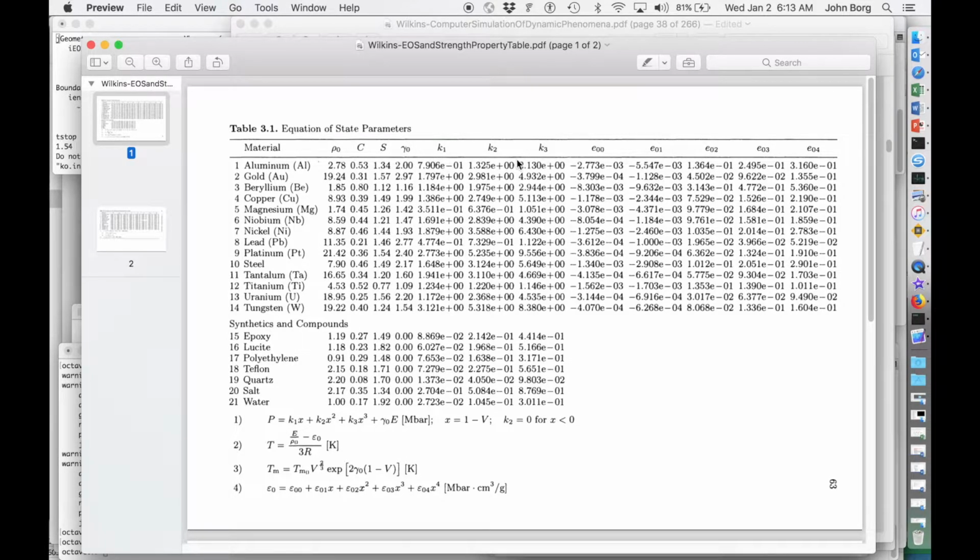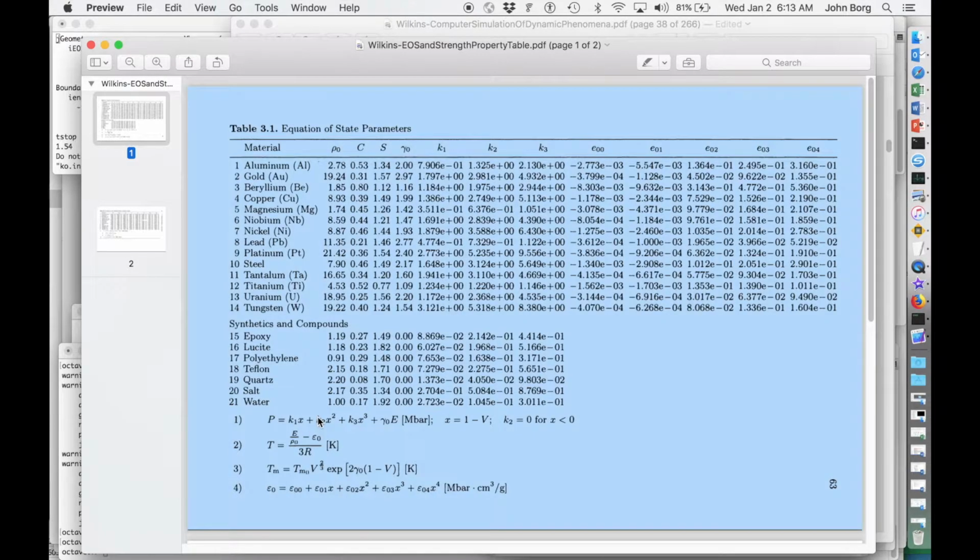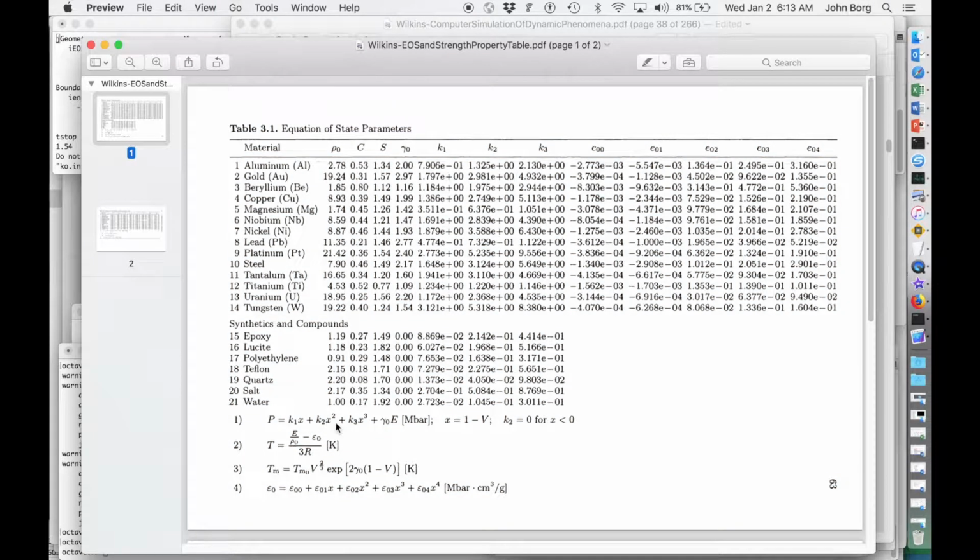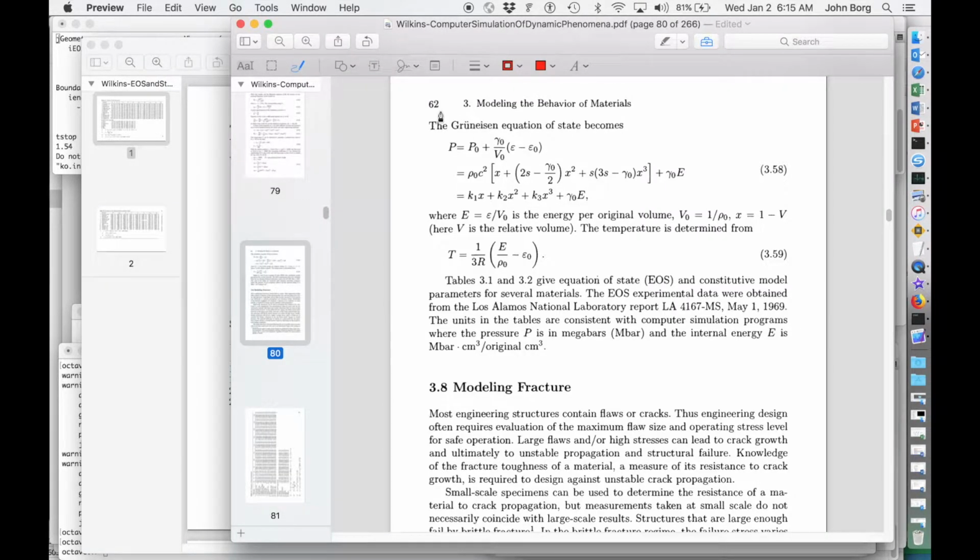And this K1, K2, K3, it's listed down here. These are kind of old notations. K1, K2, K3 were polynomial variables for the Mie-Grüneisen equation of state. They're really combinations of S and C in the density. If you want to know what K1, K2, and K3 are, you can look in Wilkins' book on page 62. And if you compare, here is the classic Mie-Grüneisen equation of state here.